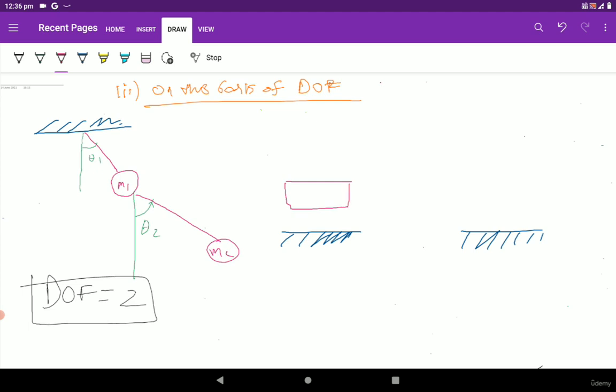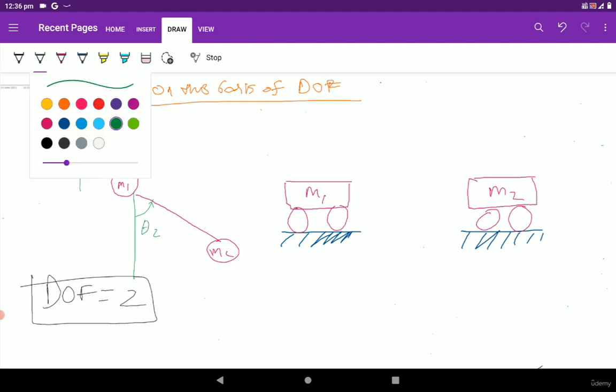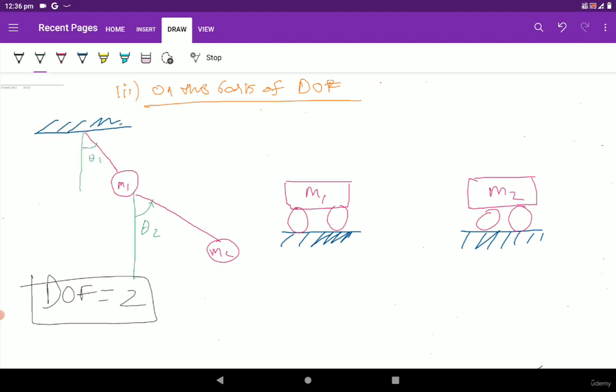Trolley 1 has mass m1 and trolley 2 has mass m2, and they both are connected by a spring here, which has spring constant k.